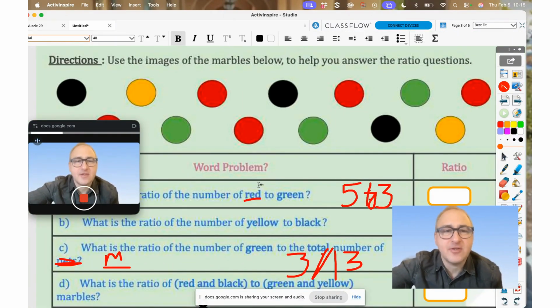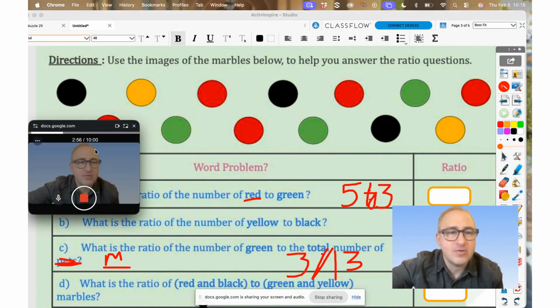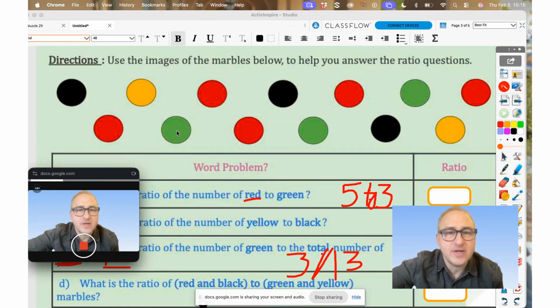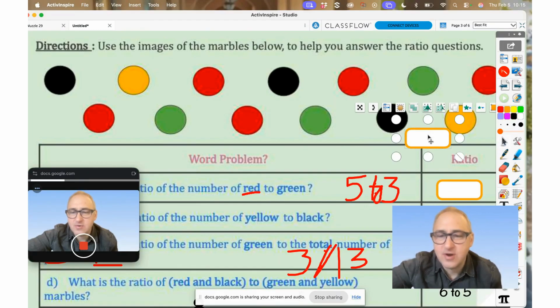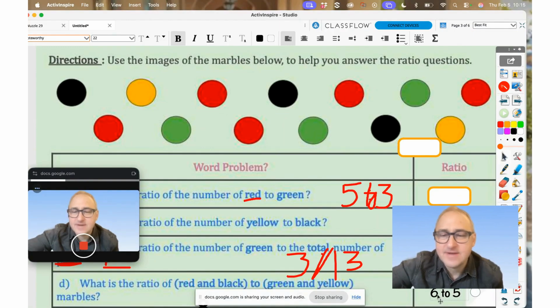Then green and yellow, so green plus yellow. Green is 1, 2, 3, plus yellow is 4, 5. Green to yellow is 5. So I'm guessing the answer back here for red should be 8 to 5. And remember, you can write it with a colon or the word "to" or a fraction.